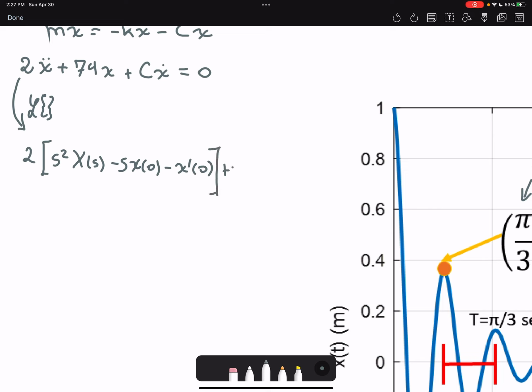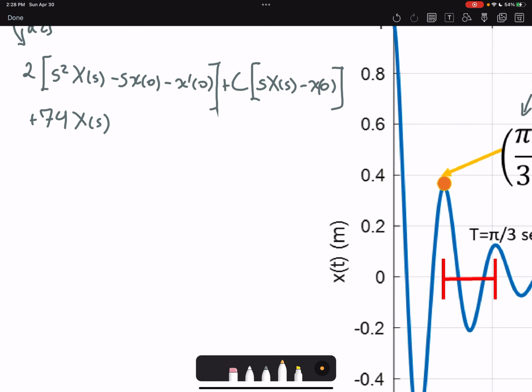Then we have plus, and I'll do the c first, c times s times big X of s minus x of 0. And then the last term is going to be plus 74 times big X of s. Now let's distribute this 2 here, after we put in the initial conditions.